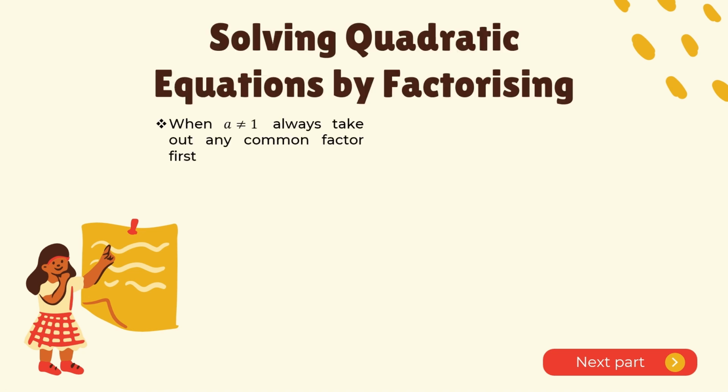But what if we find an equation where a, the coefficient of x squared, is not 1? The way to solve that kind of quadratic equation is to take out any common factor first. For example, we've got 16x squared minus 81 equals 0.